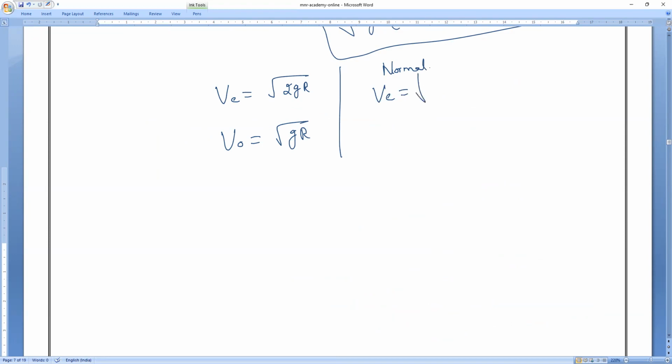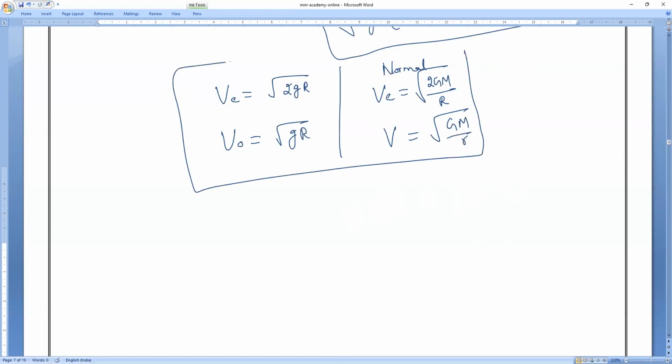Root over 2GM divided by r. For normal conditions, what is the orbital velocity formula? Root over GM by r. This is for normal conditions, and the earlier formulas are for the surface of the earth.